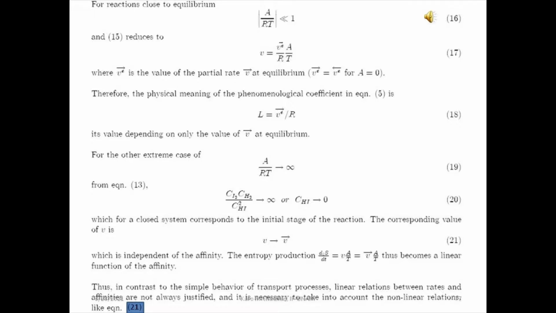So in this case, the flow is not proportional to the force, the case of very large affinity. We have then a nonlinear relation between flows and forces.